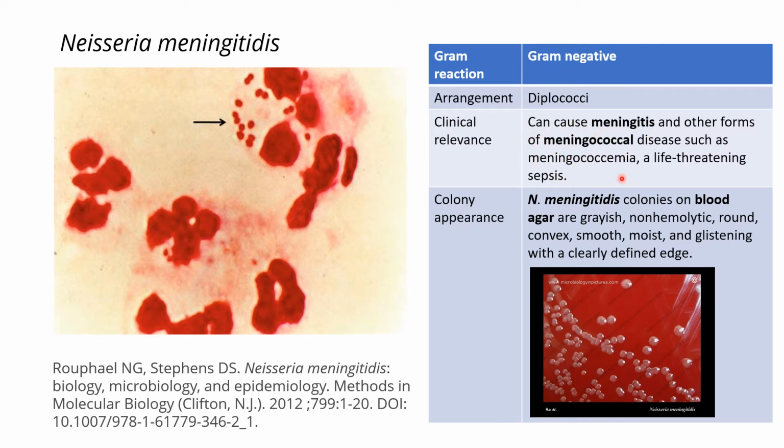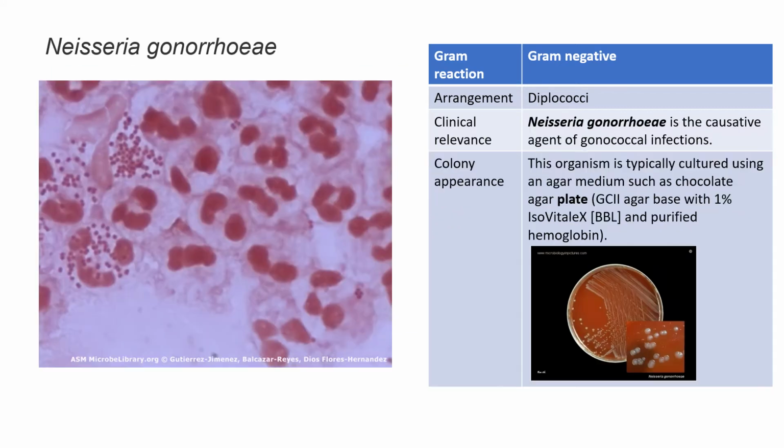Another, take note, this is a Neisseria species, and it could grow on blood agar. But as I told you, some bacterial species cannot grow on blood agar, like Neisseria gonorrhoeae. Neisseria gonorrhoeae cannot grow on blood agar, so we use chocolate agar plate.